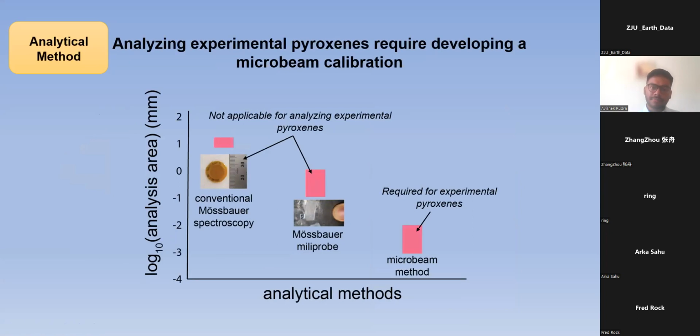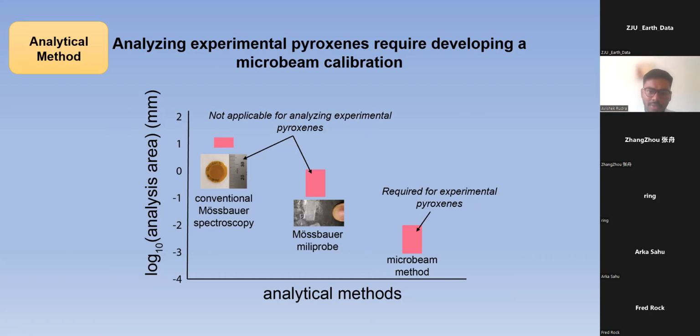So this is the overall motivation and the reason for studying ferric iron in pyroxenes in the context of partial melting of pyrrhotite. But there are multiple barriers to understanding this problem. One of the problems is how we measure ferric iron in the pyroxenes.